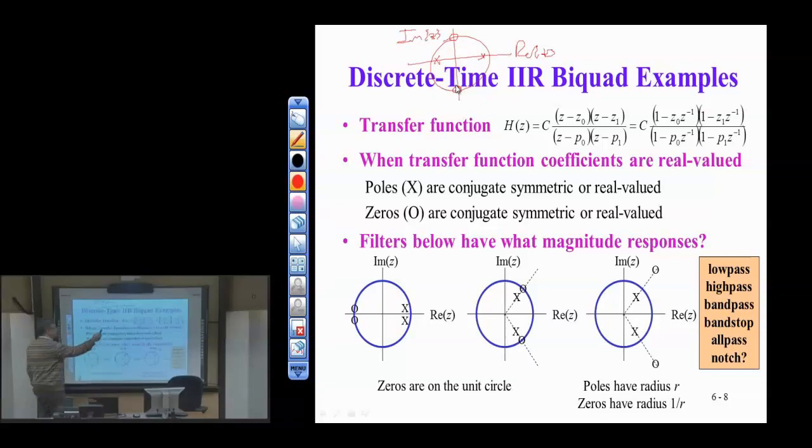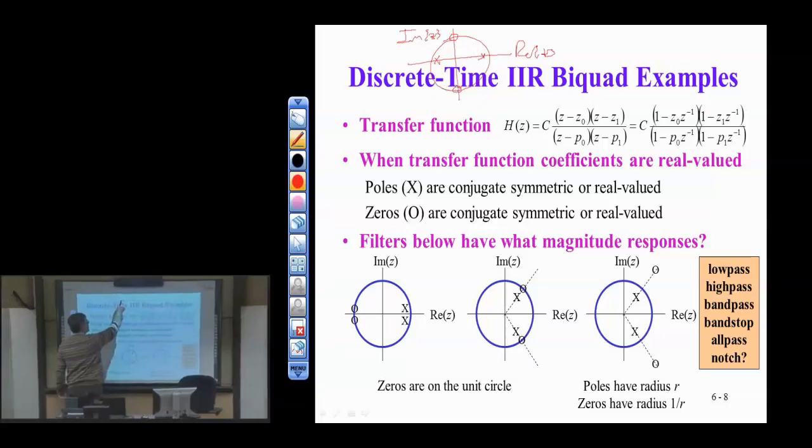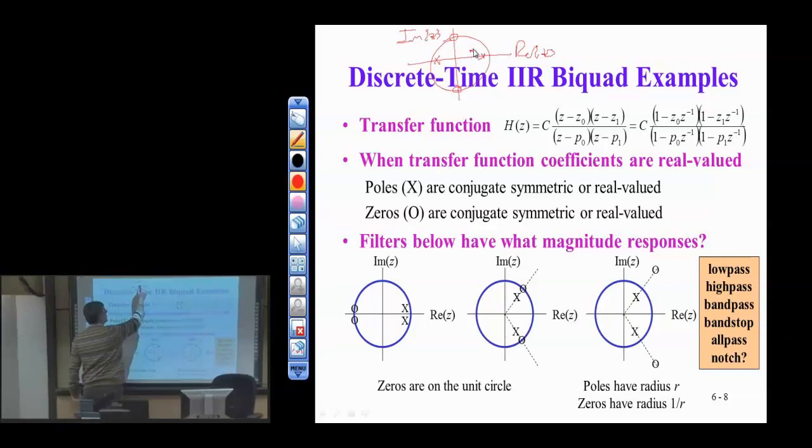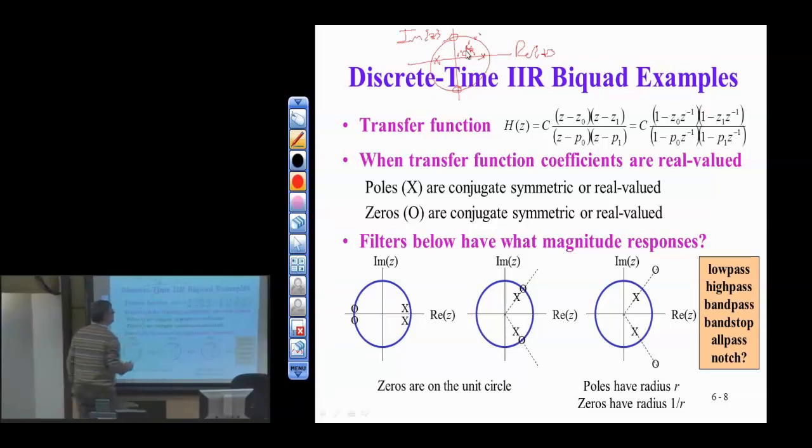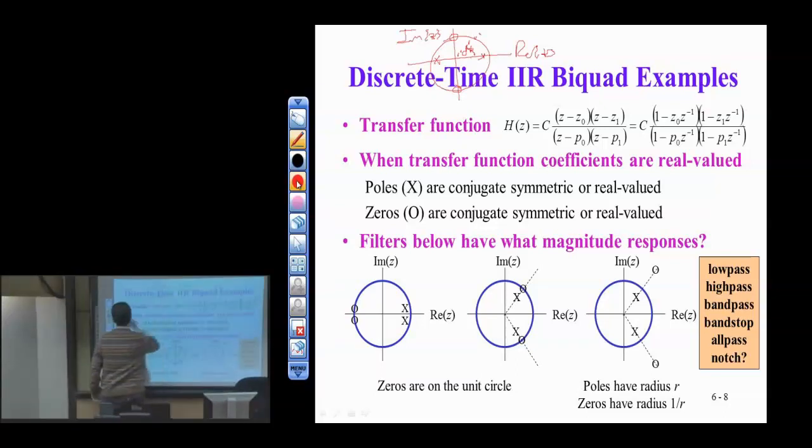My passbands are at 0 frequency. Remember, the frequency is the angle with the axis. There's your frequency. So this pole at z equals say 0.9 means I have a passband at 0 radians per sample, and a passband at pi radians per sample.